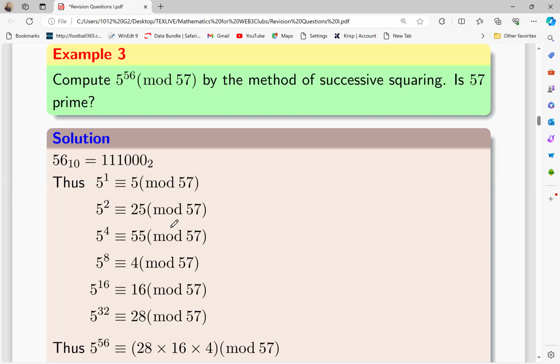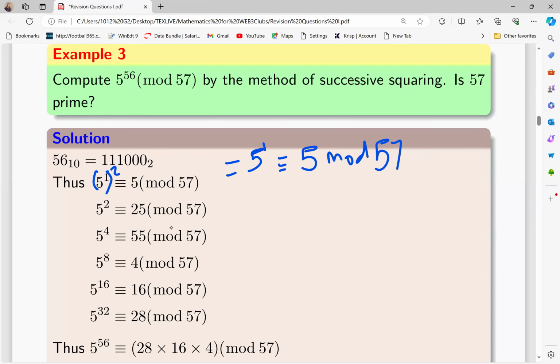Okay, so you raise it to power 2 to get the next one. You start with 5 raised to 1, which is 5 mod 57.